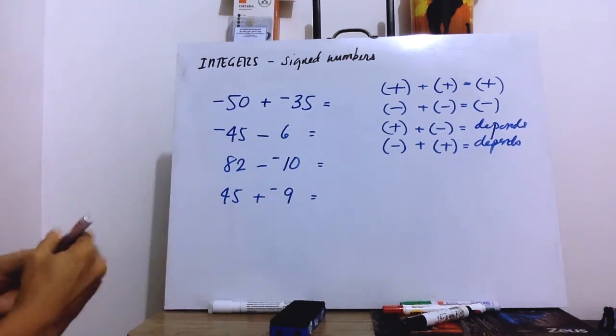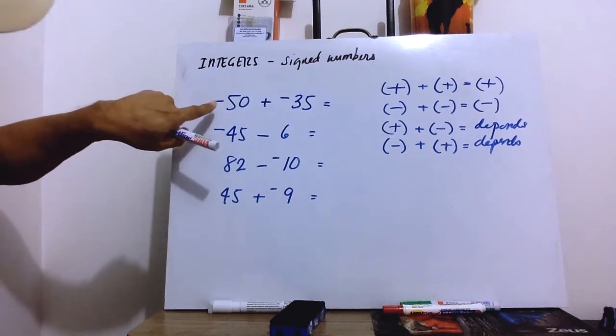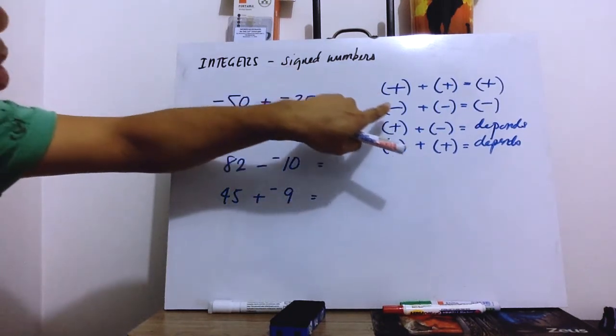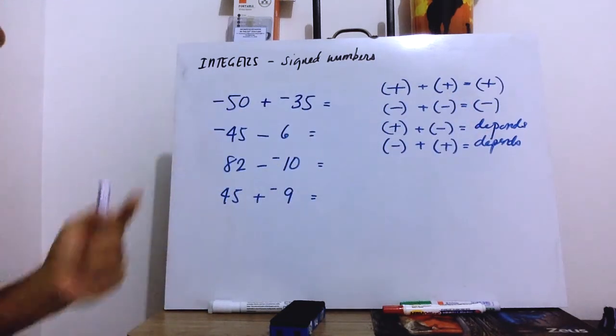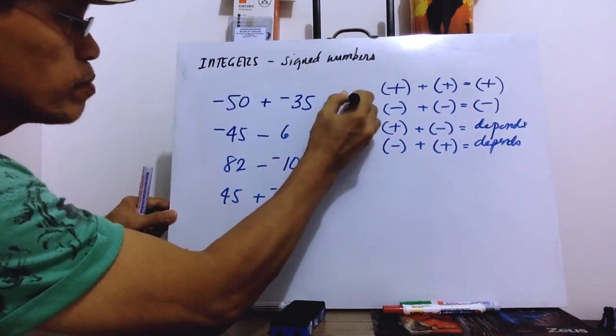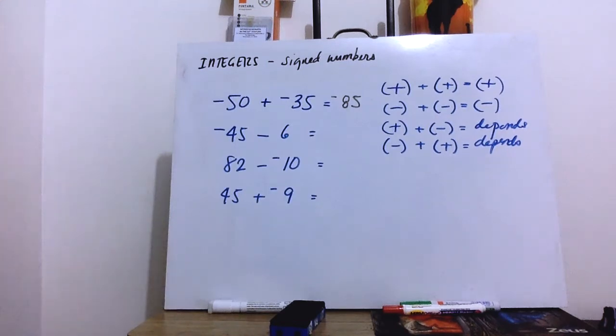How do we answer those problems? Look at this: negative plus negative. What's our agreement here? Negative plus negative is negative. So just add 50 and 35, we get 85, and 85 is also negative.